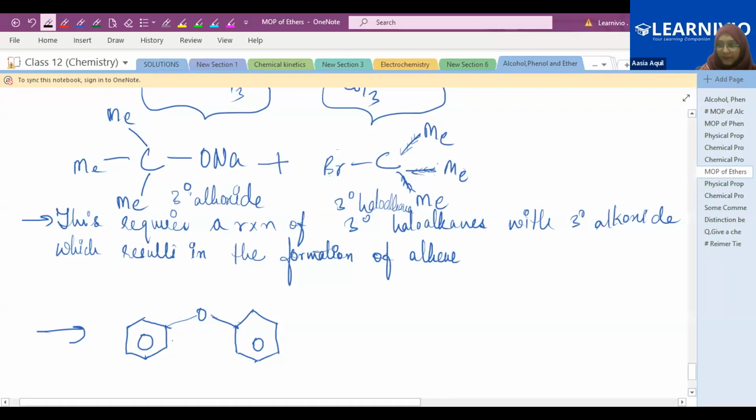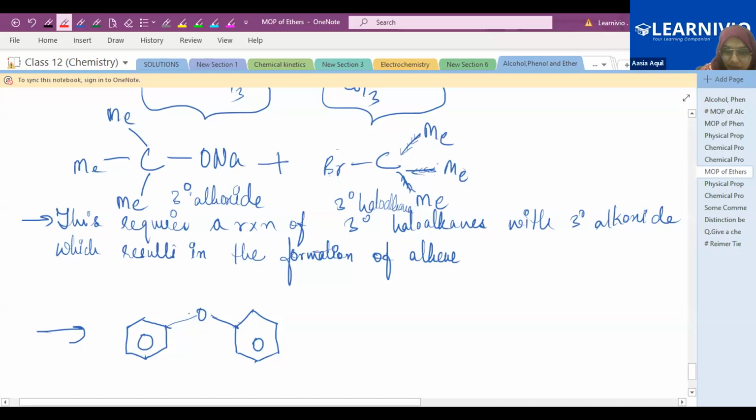See, this is a benzene ring. This is the oxygen linkage. You can see this oxygen is involved in resonance with the benzene ring. So is it possible to break this bond? No, there is a partial double bond character between both the aryl rings.